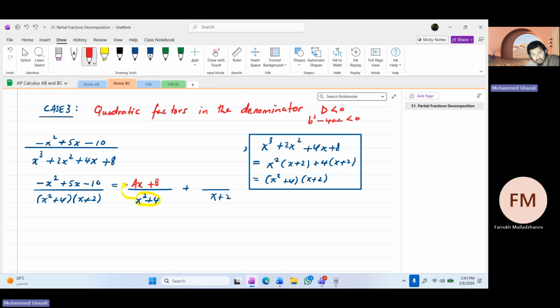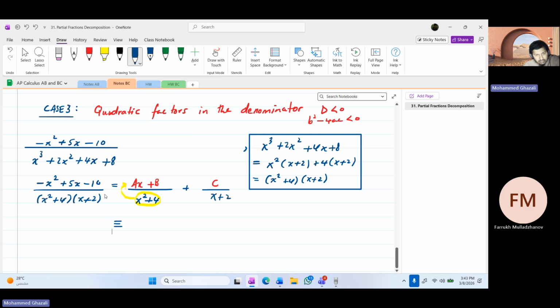So don't put a now because you have already used up a. Don't put b. You need to use another constant. What's the term before the linear? The term before the linear is a constant, right? So I can't use a and b because that's already used up. So I use a c. All right. Now, we're going to write an equation, the identical equation, the identity.